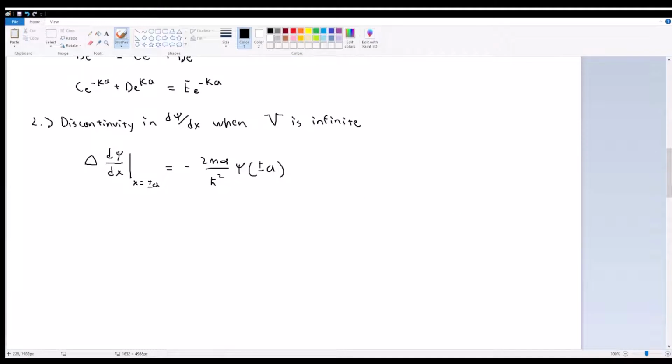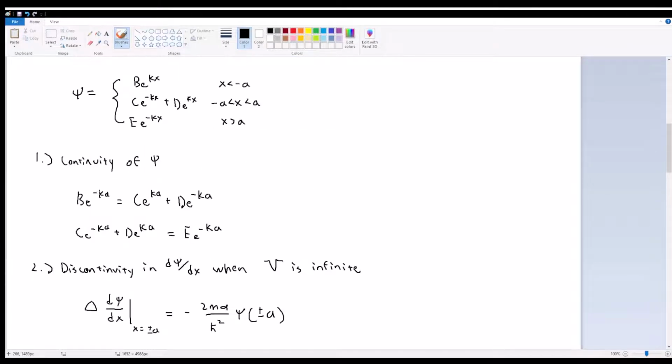So if we plug this in, first off, we have to derive psi. So d psi by dx is going to equal, we just take derivatives of this: b times k e to the kx, negative c k e to the negative kx plus d k e to the kx. I just realized I didn't include the negative at the front here.